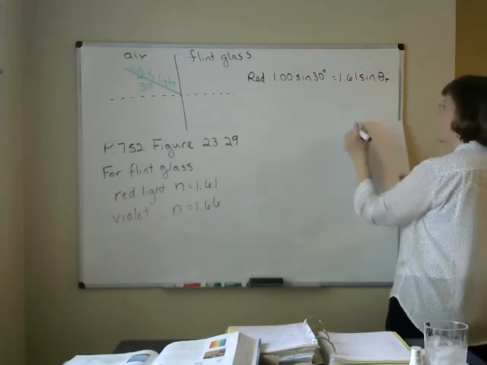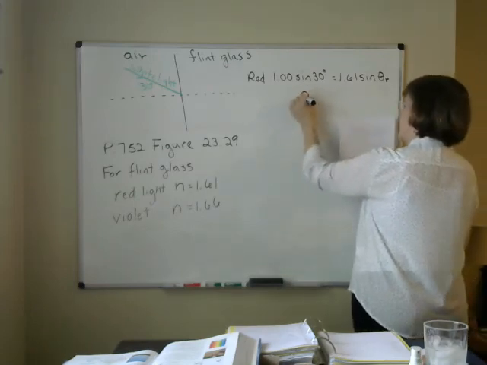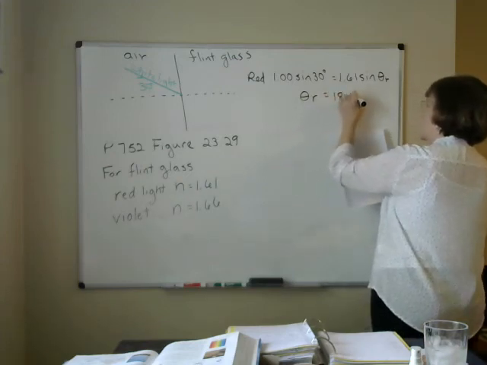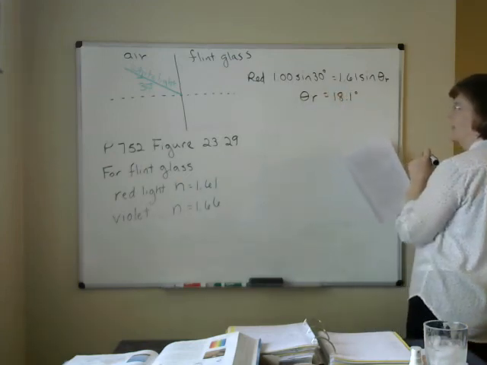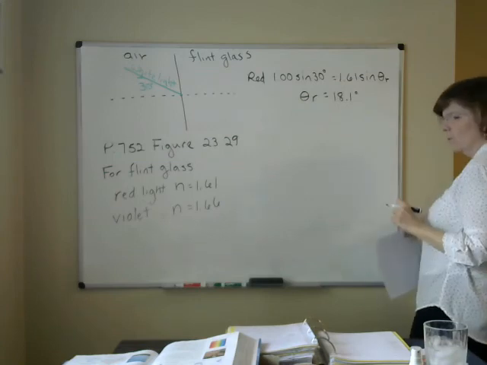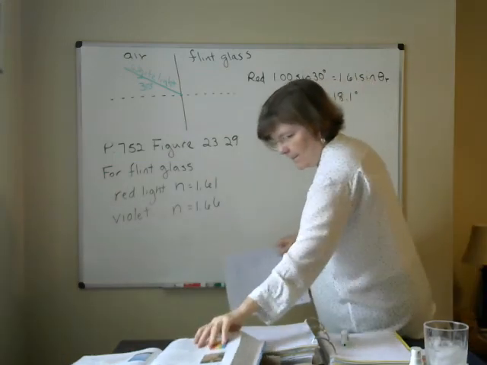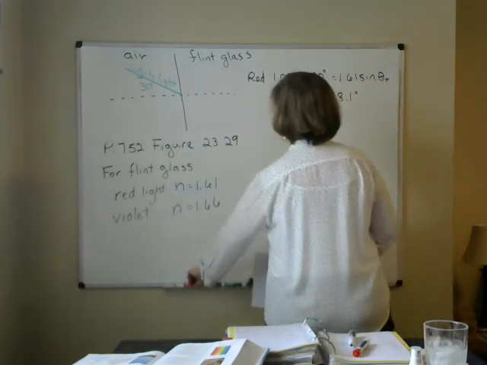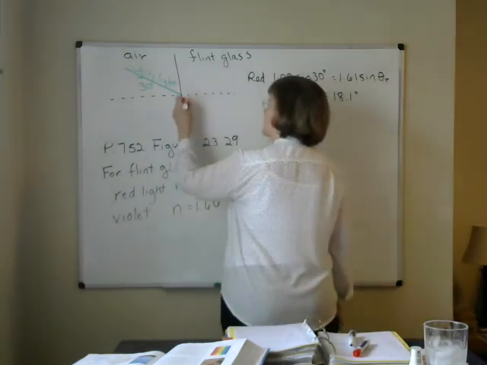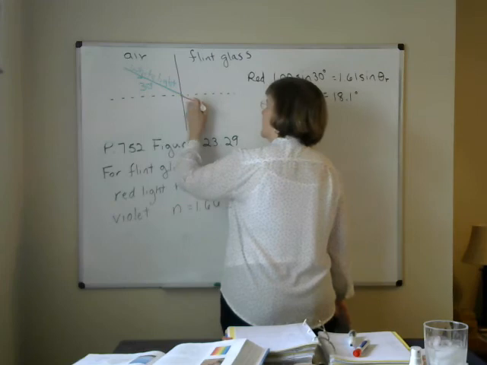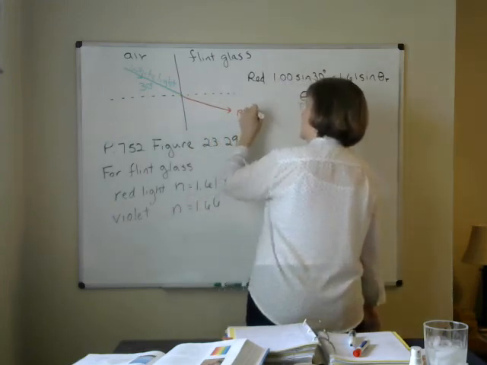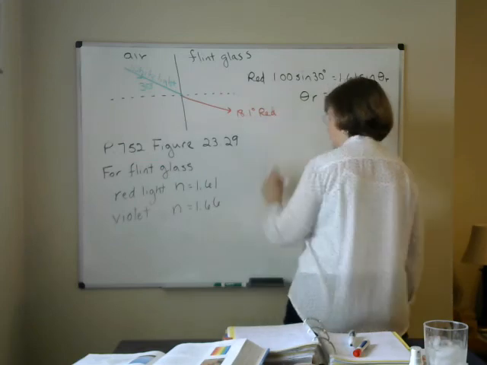Well, for red light, when I solve this, I get the refracted light is at 18.1 degrees. So it refracts towards the normal, and it makes an angle of 18.1. So here we go. So that is 18.1 degrees for red light.